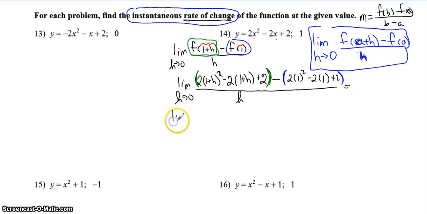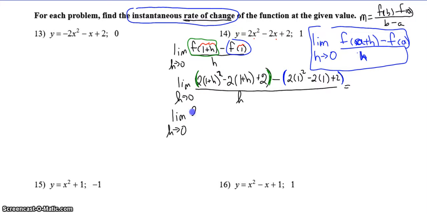Well, let's do the simplifying. So, do a couple of things at once. I'm going to square this. So I got 1 plus h quantity squared. That's 1 squared plus 2 times 1 times h, or 2h, plus h squared. Then I'm going to distribute the 2.